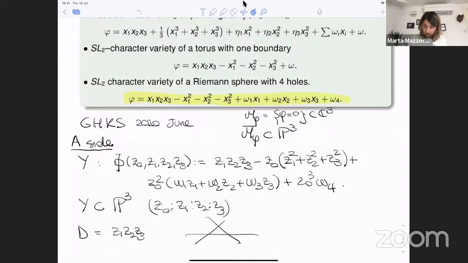I can say, let's take this part, okay? This is the divisor of my del Pezzo. See, it's the divisor here, because when I take z0 equal to 0, then I restrict to D infinity, which is given, so I restrict to D, which I've already written here.